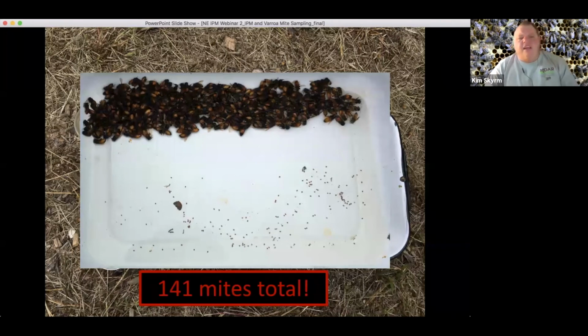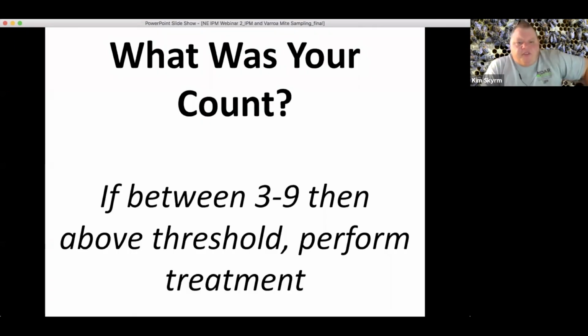If we go to the next slide, I want to leave you with a couple of good tips. So the first is, remember, your threshold is 3 to 9. So if you do an alcohol wash and you get 1 mite, then by what research has shown us and the Honeybee Health Coalition resources that have provided us, this is below the treatment threshold.